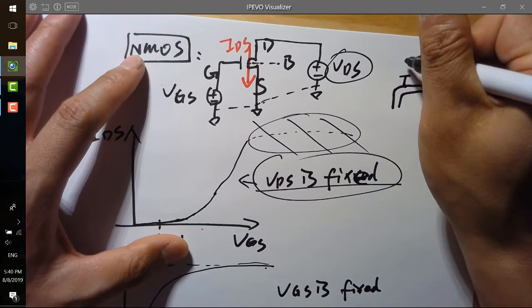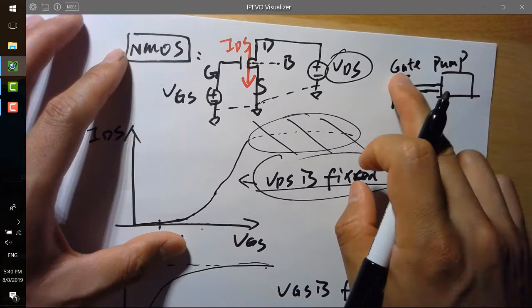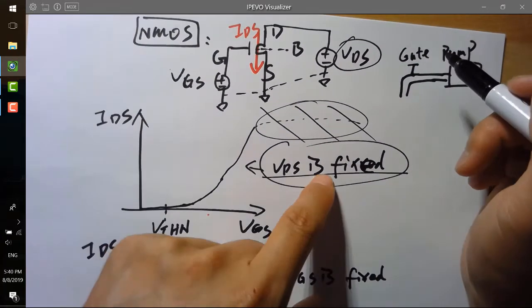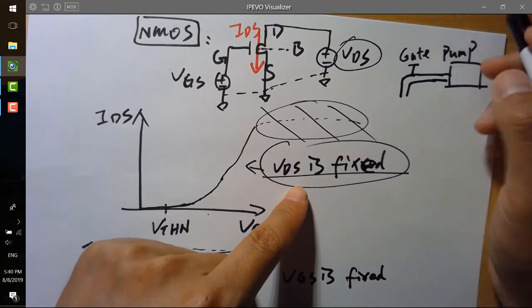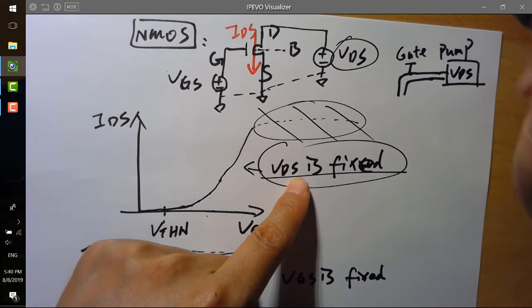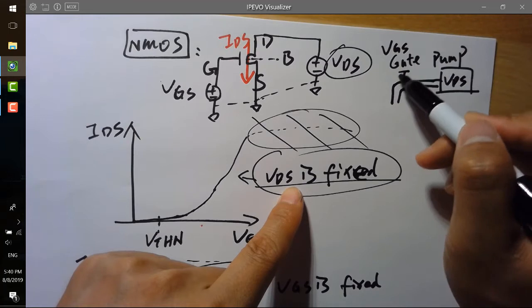So here's a gate. For example, that's the VGS of the transistor. Let's say VDS is a pump, and VGS is a switch, the knob here of the faucet, right?